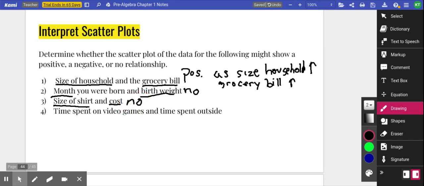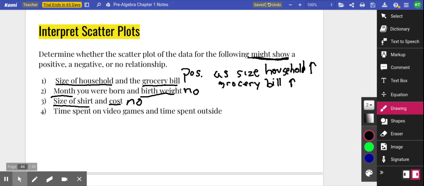Now, you could argue that youth sizes are typically cheaper than adult sizes. So if you put positive there, you could argue that situation. And look here, it says scatter plot for the following data that it might show. So if your logic is that you're comparing youth sizes to adult, you could probably get away with positive correlation there.